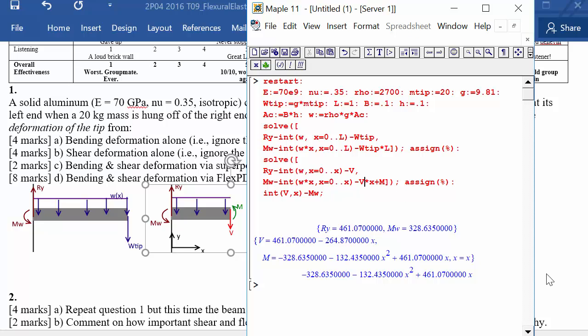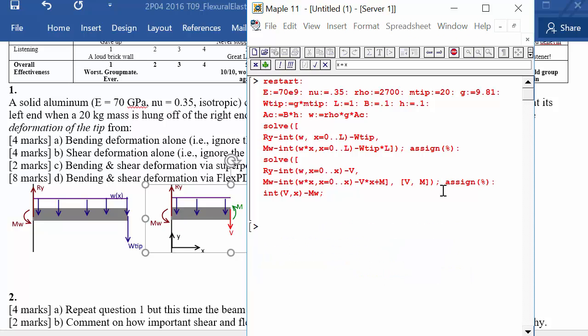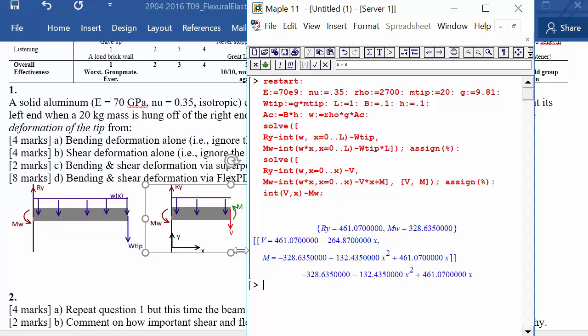It's possible from this set of equations, where we have really three unknowns, v, m, and x, that Maple would have just said, okay, let's solve it for m and x in terms of v. So we'd better tell it to solve for v and m, and that just guarantees that it'll do exactly what we said here, so that it solves for everything in terms of that x.